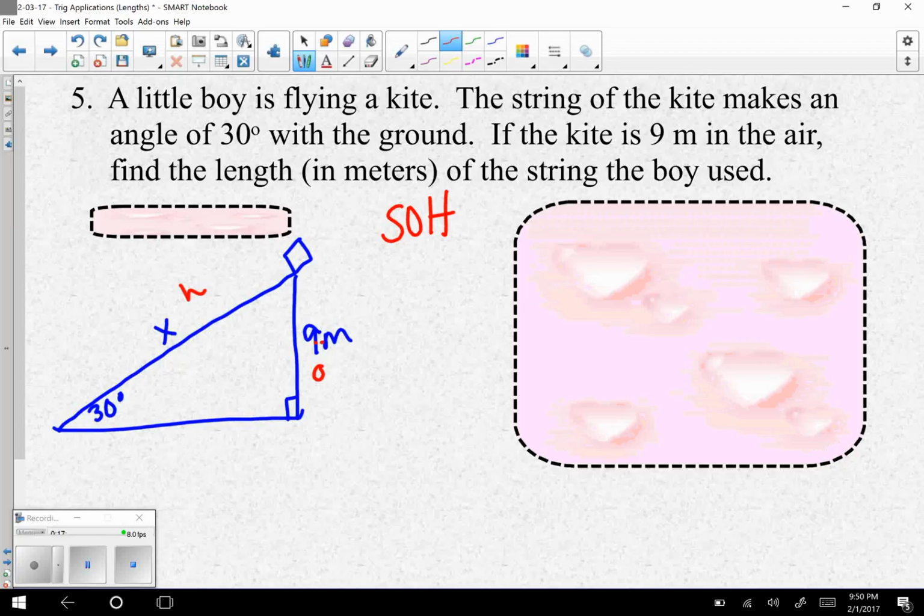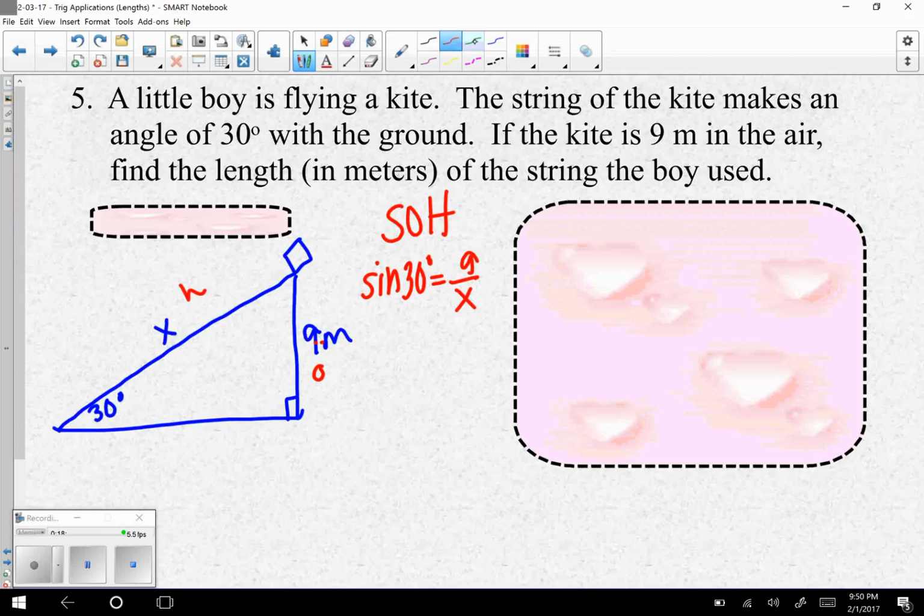So I'm going to plug in: sine of 30 degrees equals 9 over x. I can use these trig functions here. I'm going to go ahead and do this one, and then I want to see if you guys recognized anything special here.